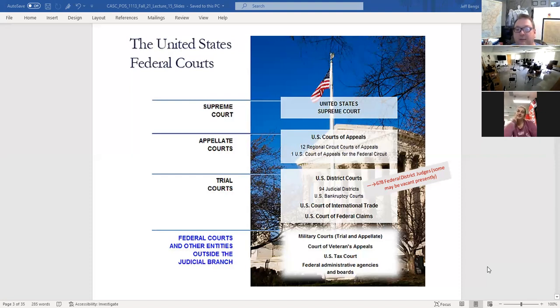All right, we want to talk now about the different types of courts in our federal system. At the top, as the Supreme Court of the land, thus the title Supreme Court, is the United States Supreme Court.